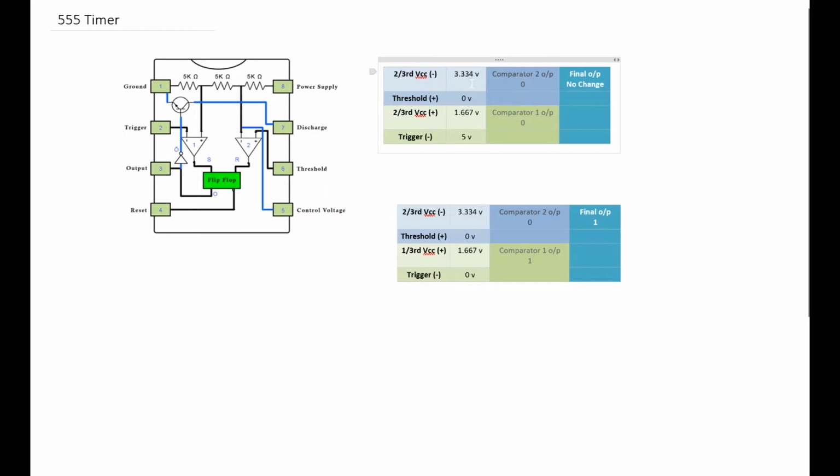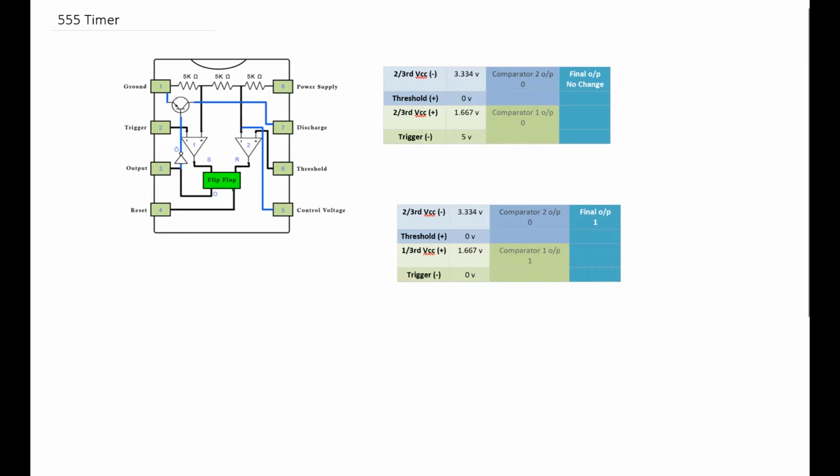So when comparator 2 compares 3.33 volts at the inverting terminal and 0 volts at the non-inverting terminal, it will give you the output of 0. So the output at the R of the flip-flop over here would always be 0.